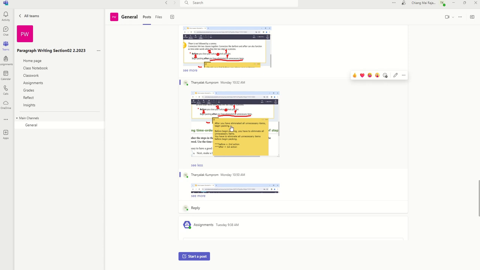After you have eliminated all unnecessary items, begin packing. Or, before beginning packing, you have to eliminate all unnecessary items. This exercise we did in class last week is about how to pack your suitcase for traveling, right?